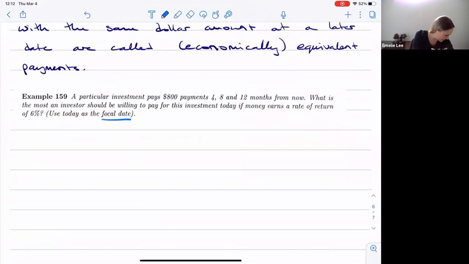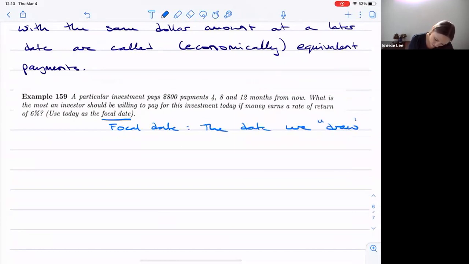Okay, so first I want to just highlight the focal date. The focal date is the date we draw all our money to, and by that I mean all the arrows should go to the focal date.